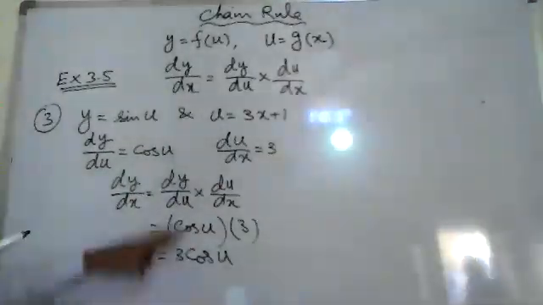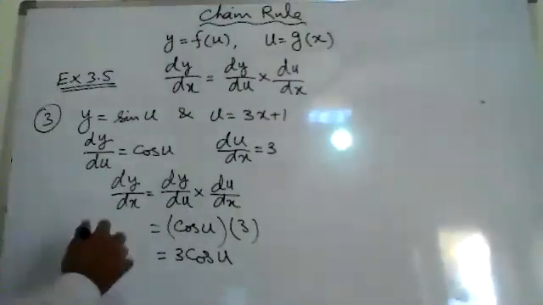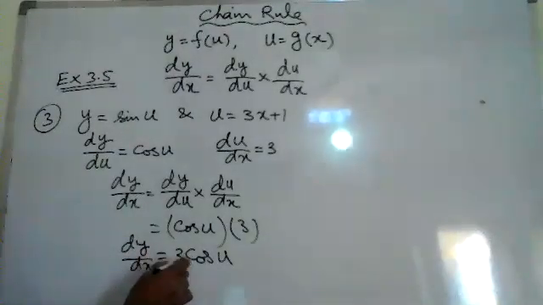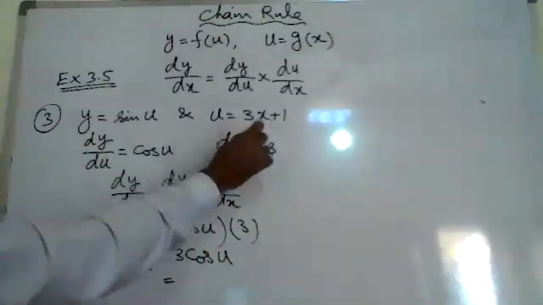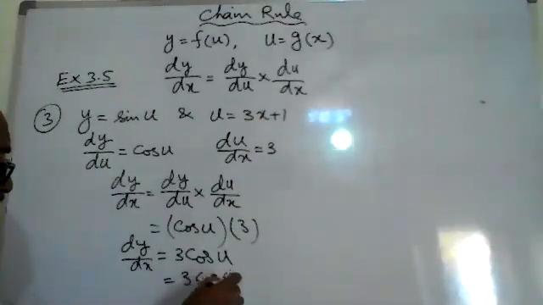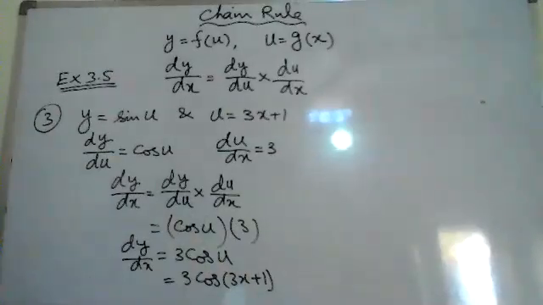Change u. U is 3x plus 1, because here we are finding dy upon dx. There should be the function of x only. So we'll replace u. U is 3x plus 1, so 3 cos of 3x plus 1. This is the final answer.